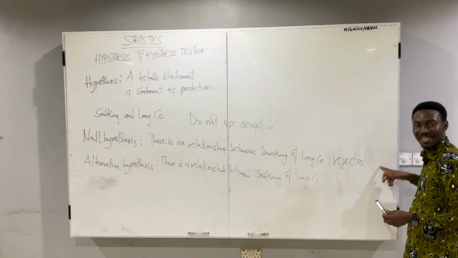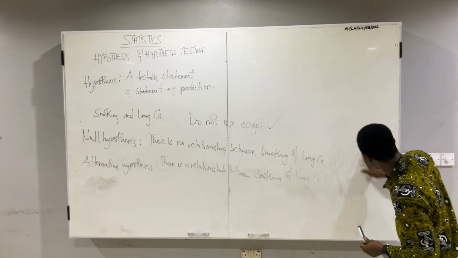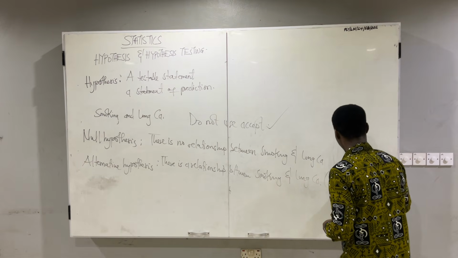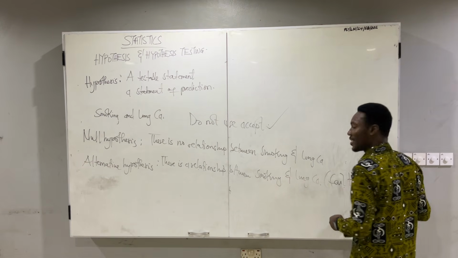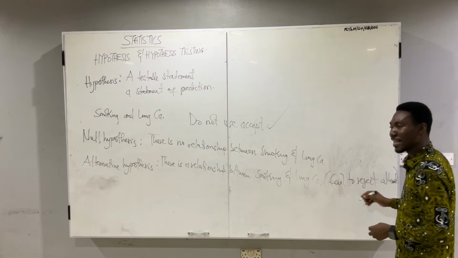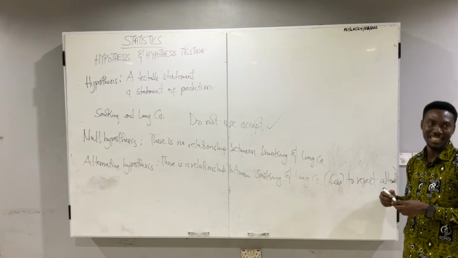Once you say you reject the null hypothesis, it means you've accepted this. Or you can say you fail to reject alternative hypothesis. That too means you've accepted the alternative hypothesis.